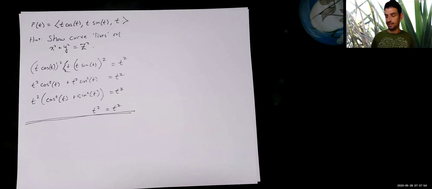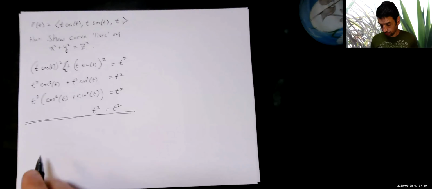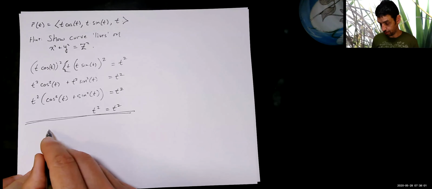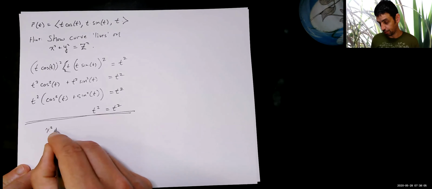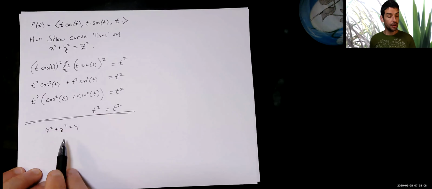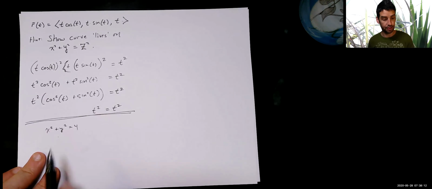This is similar to if I gave you something like, let's say I gave you the equation in 2 dimensions, x squared plus y squared equals 4, right? We might recognize this as a circle with radius 2, centered at the origin.